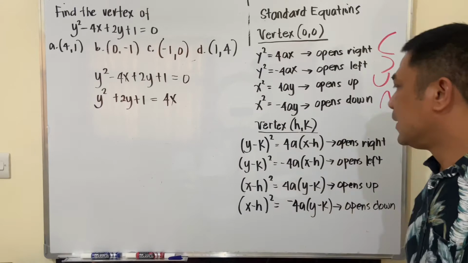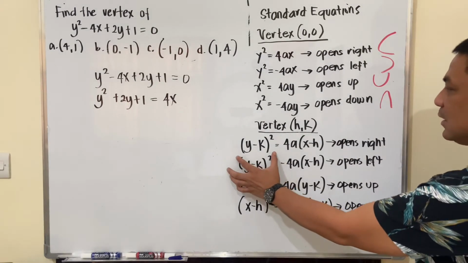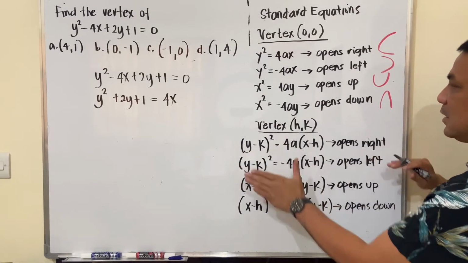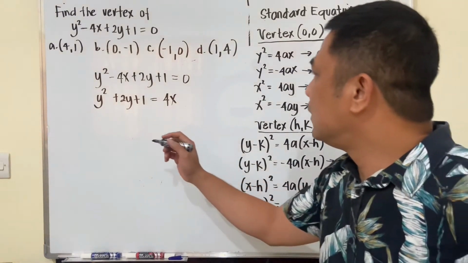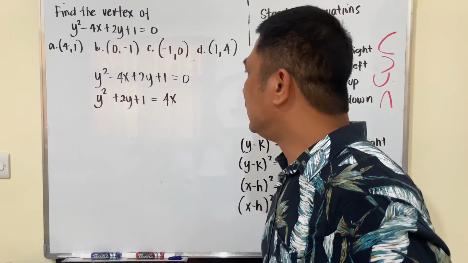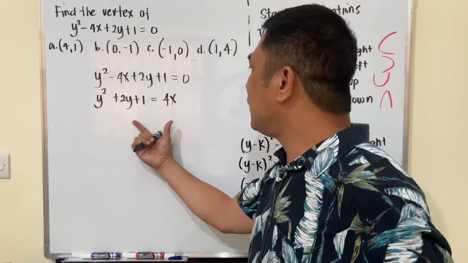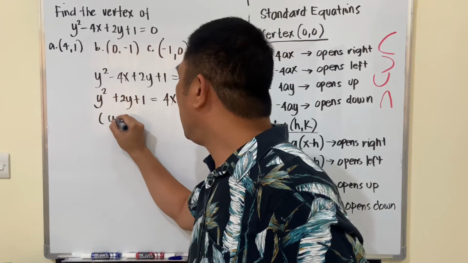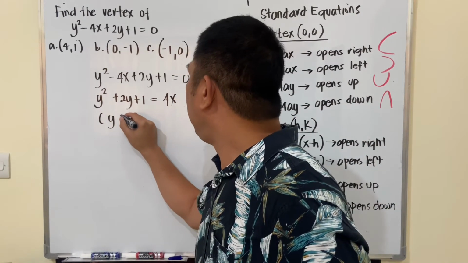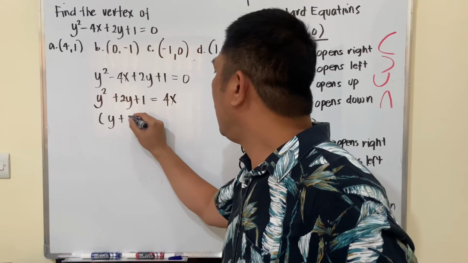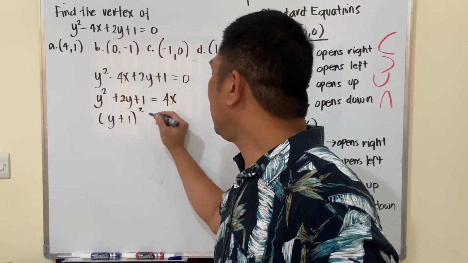It seems like it will fall on this equation. If you factor y squared plus 2y plus 1, it will be y plus 1 squared, right?